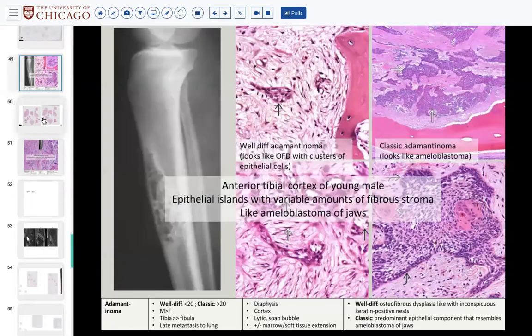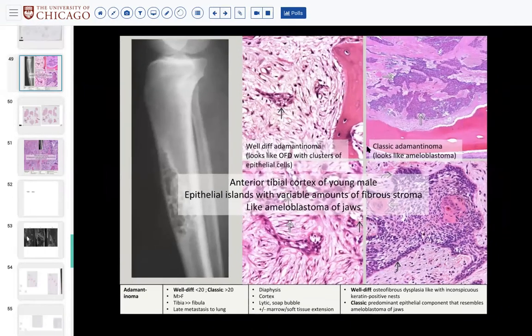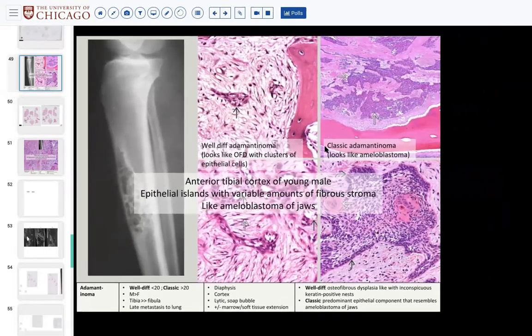Adamantinomas can have 2 different histologic subtypes, where one is just these compressed, almost endothelial or vascular-appearing cords. This is the so-called well-differentiated adamantinoma, which is what we are seeing.